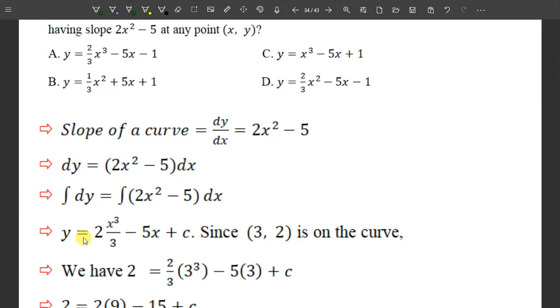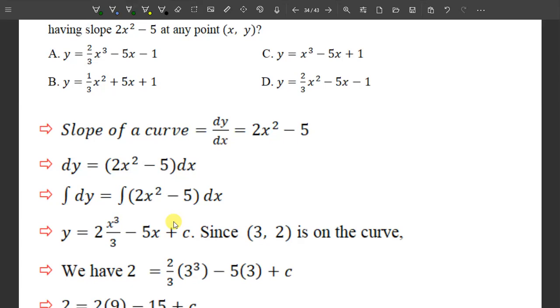Therefore, y is equal to the antiderivative of 2x squared, which becomes 2x cubed over 3, minus the antiderivative of 5, which is 5x. If we differentiate this, we will get 2x squared minus 5, so y = 2x cubed over 3 minus 5x is an antiderivative of 2x squared minus 5.